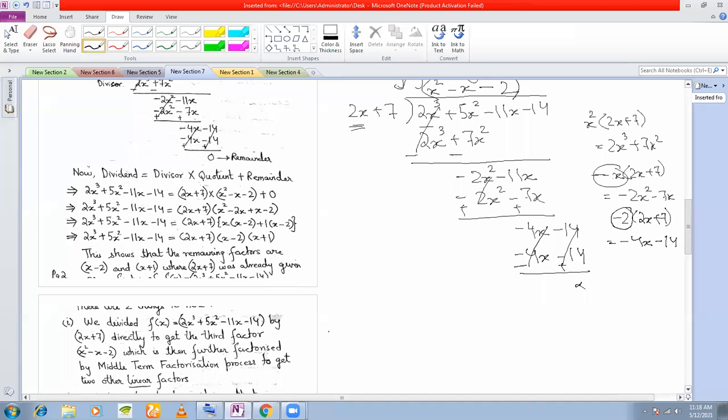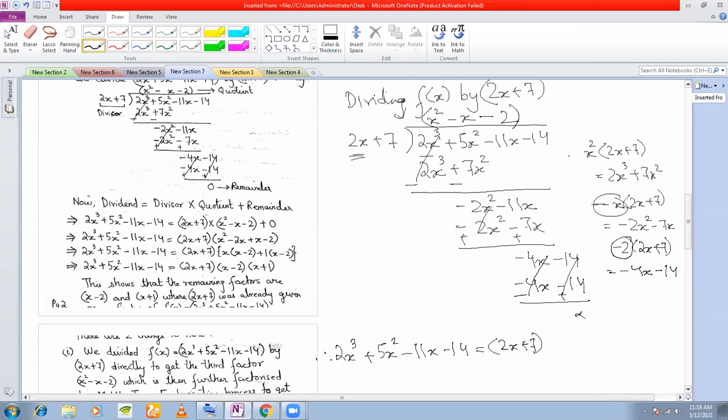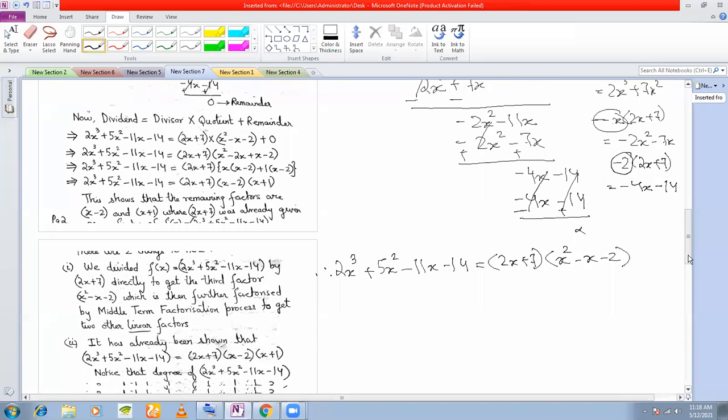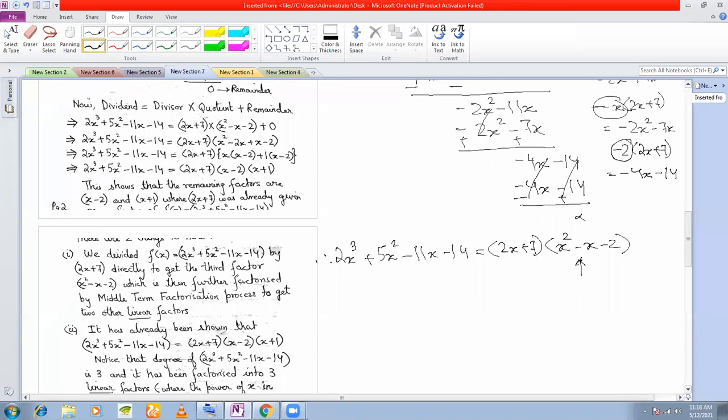So therefore, you can write the cubic as 2x plus 7 into this quotient that you have got here on top, right? Now this is a quadratic polynomial which can further be factorized by middle term factorization.